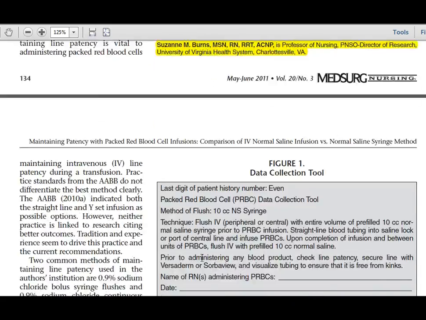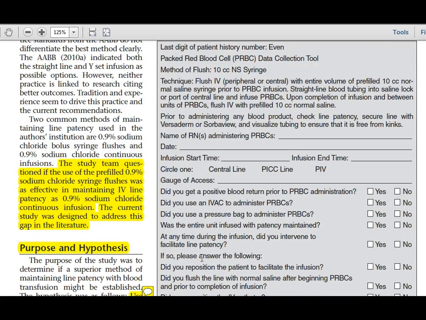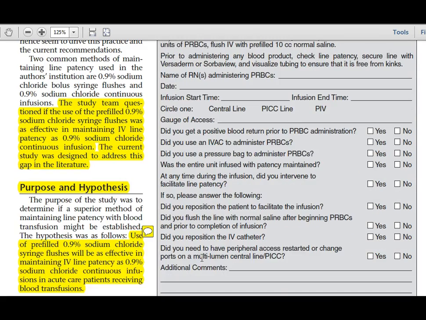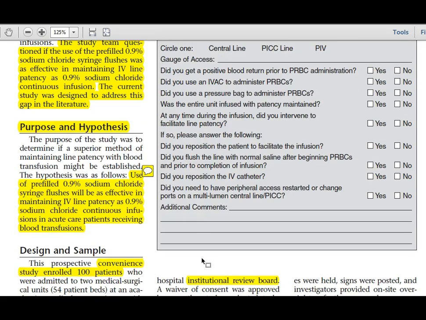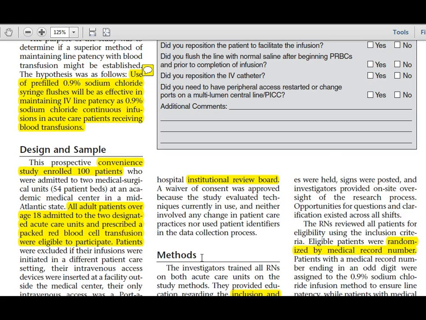If we continue on, we can see the objective of the study. The purpose and hypothesis is spelled out for this study. They're showing you the design and sample size, which is right up front, and that the study was reviewed by an institutional review board.